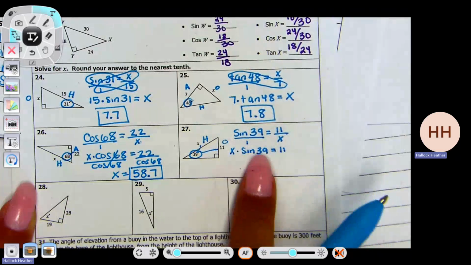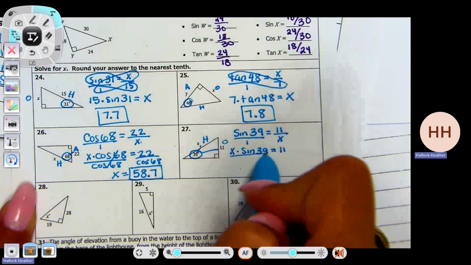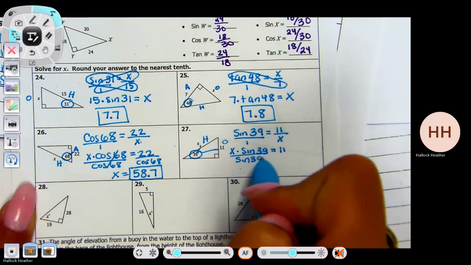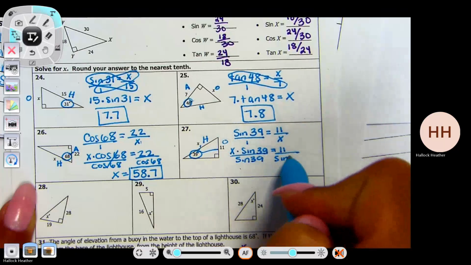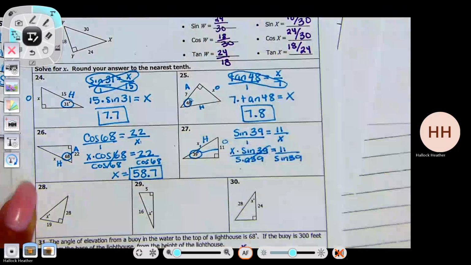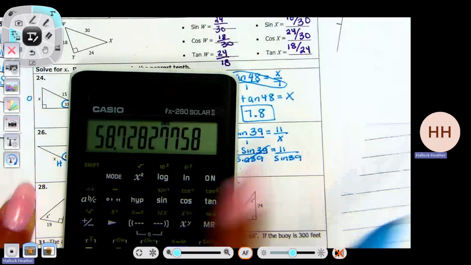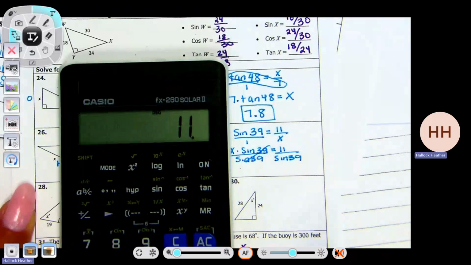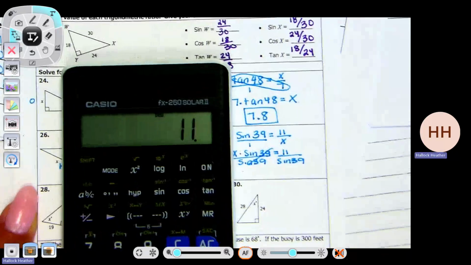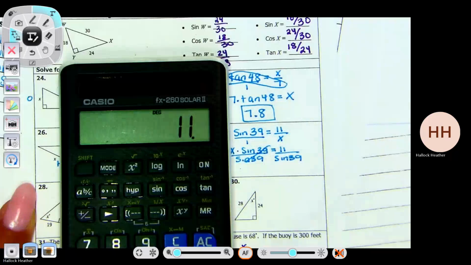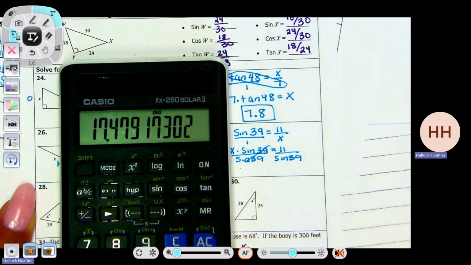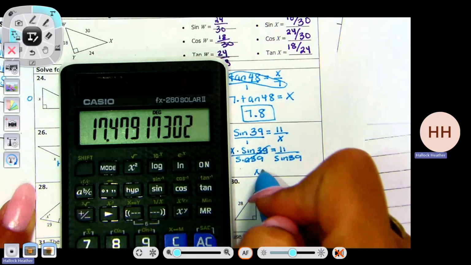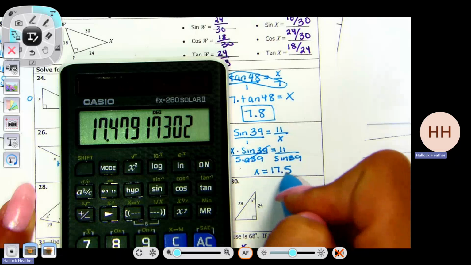I have to get X by itself, so I divide by sine of 39. So 11 divided by 39 sine. And press equals. So X equals 17.5.